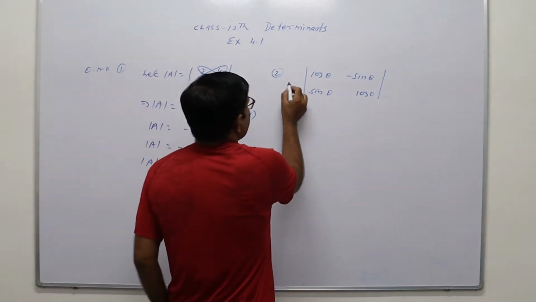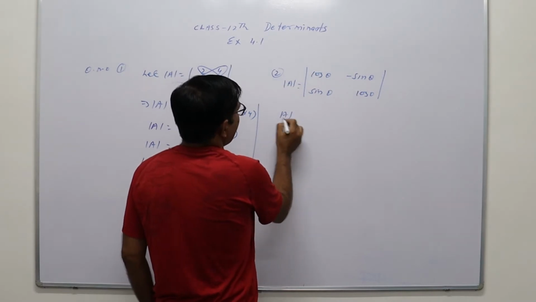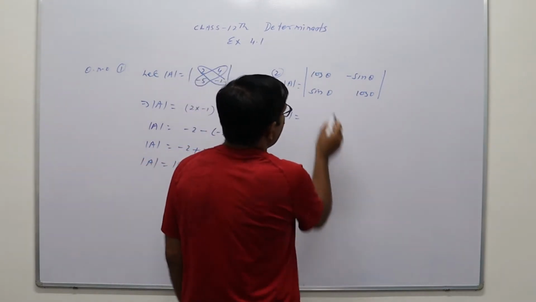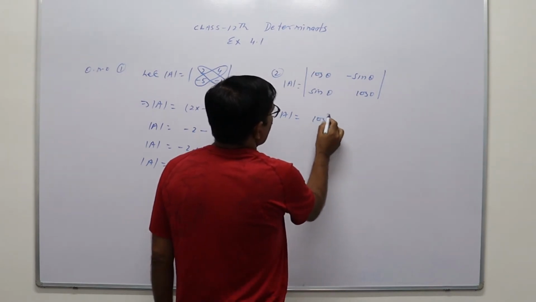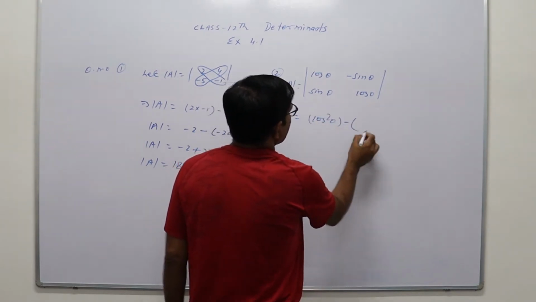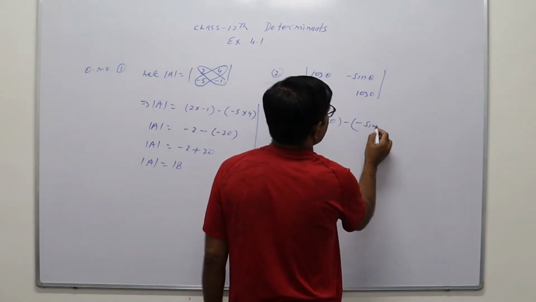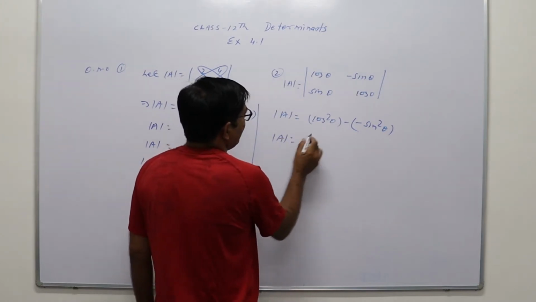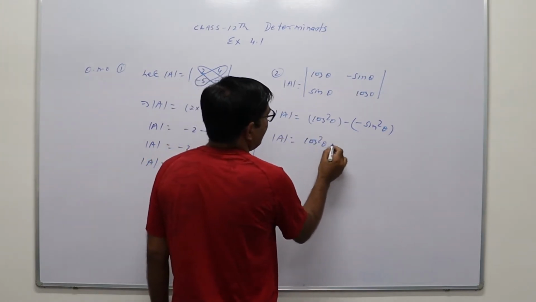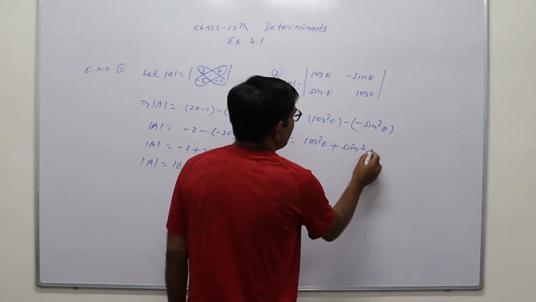Let this determinant be E. Determinant E will be equal to the product of the principal diagonal, so cos theta into cos theta is cos square theta, minus of sin theta into minus sin theta, that is minus minus sin square theta. Now determinant E will be cos square theta minus of minus, that is plus sin square theta.